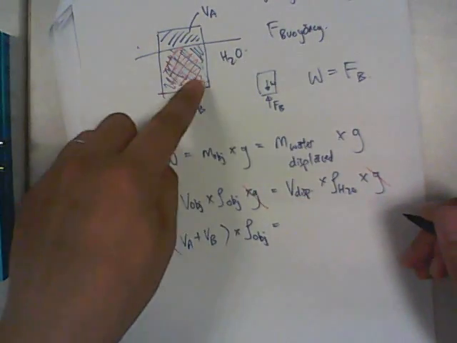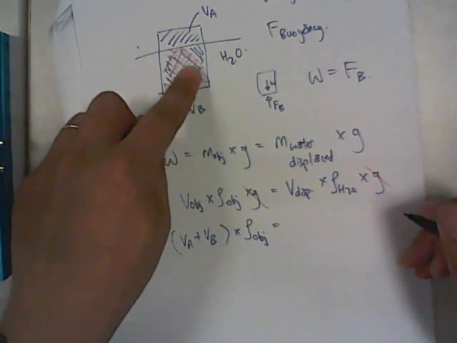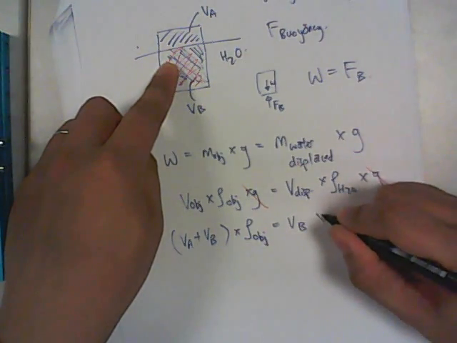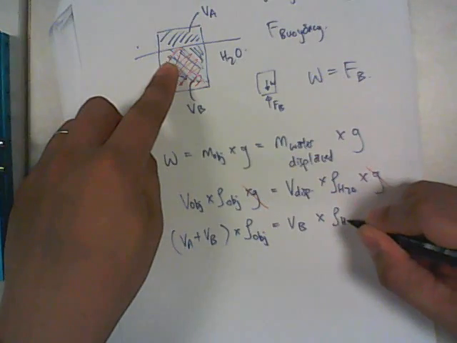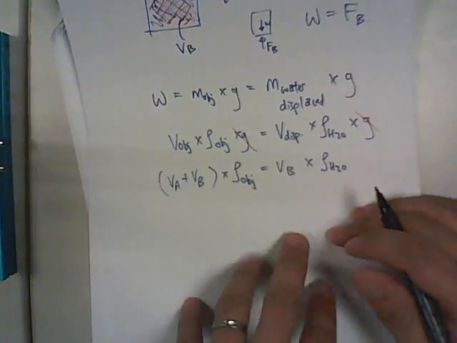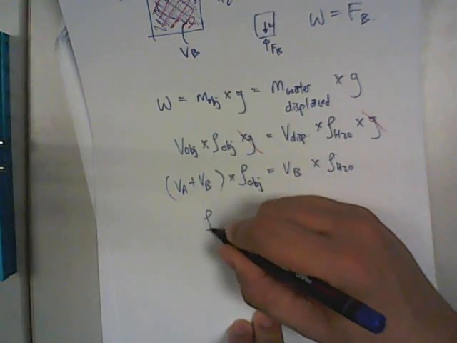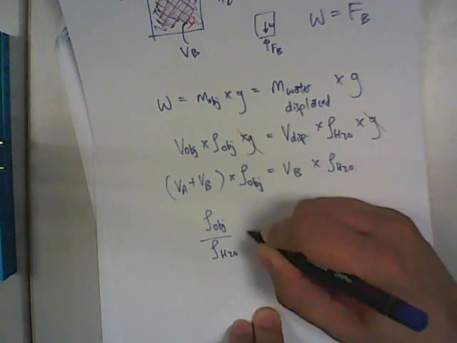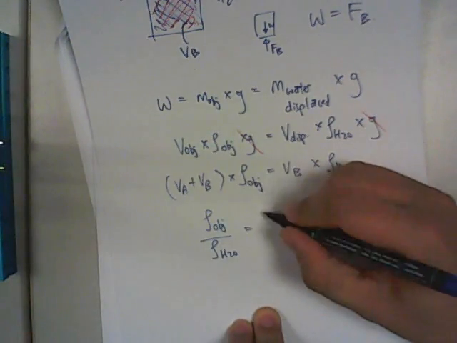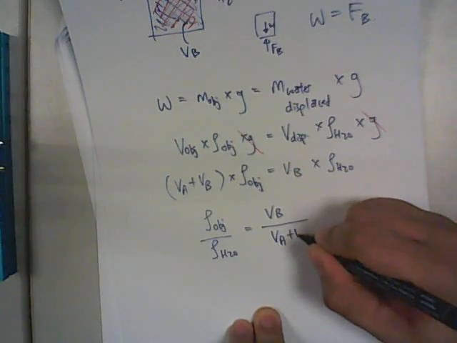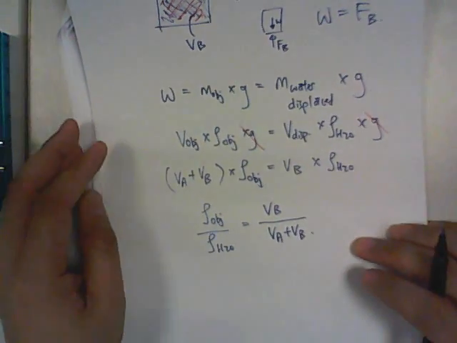The volume of displaced fluid is the part that is submerged below the water, so it is VB, times the density of water. So if you move this around, you will realize that the density of object over density of water is equal to VB over VA plus VB.